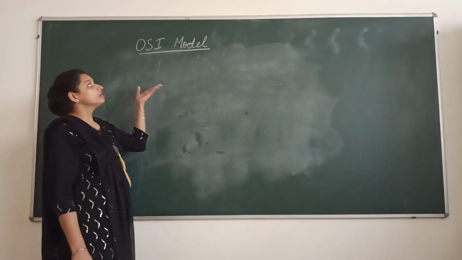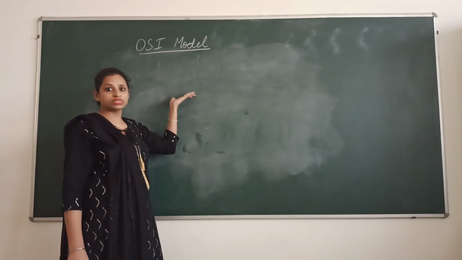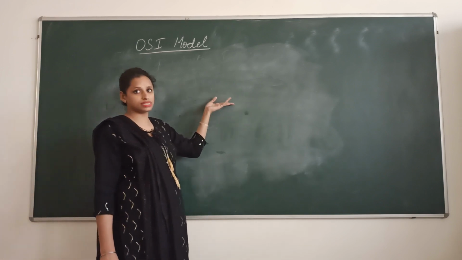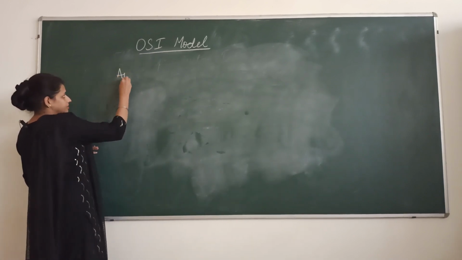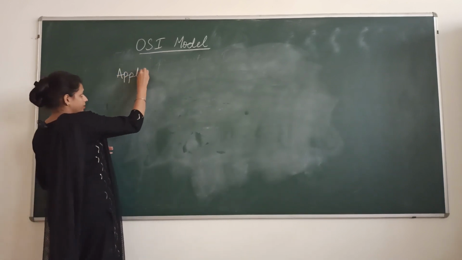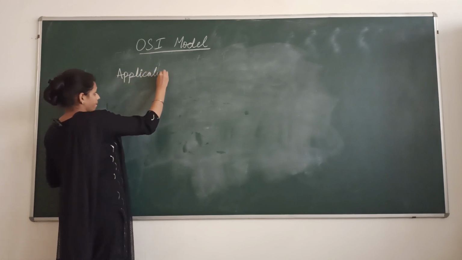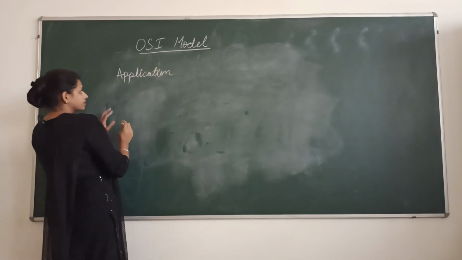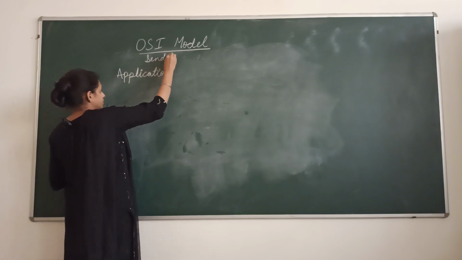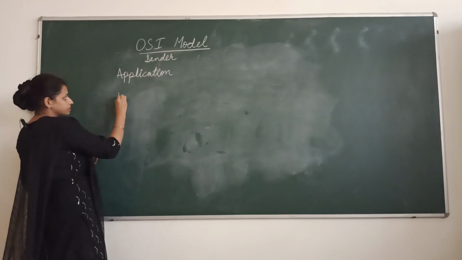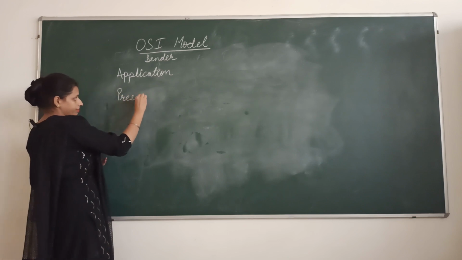OSI model works for both sender as well as for receiver. So it has 7 layers. First, that is application layer. This is a case for sender, means transmitter. The next is presentation layer.